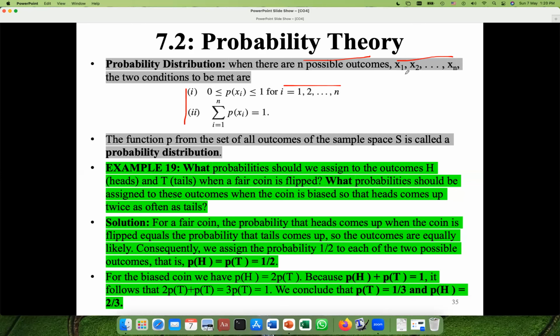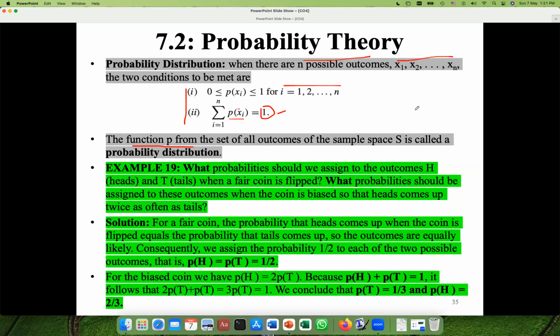And the second thing is, when you have n outcomes, if you sum up their probabilities, that would become 1. The probabilities of all those outcomes, from i equal to 1 to n, if you sum them up, that will be 1. That is a fact in probability theory. And this P which we are using for probability is now called probability distribution.